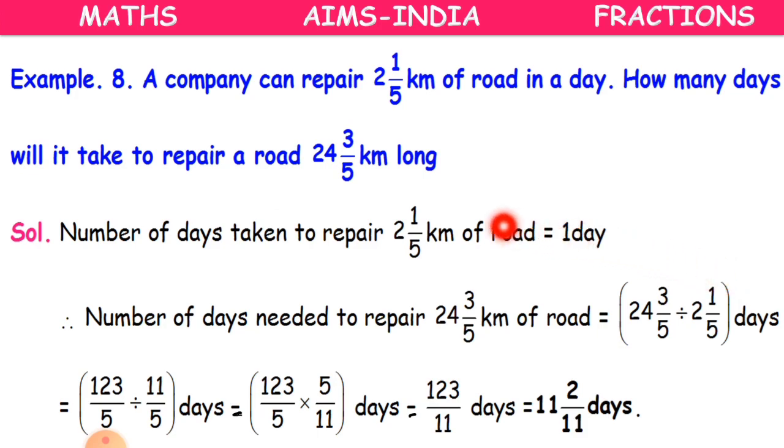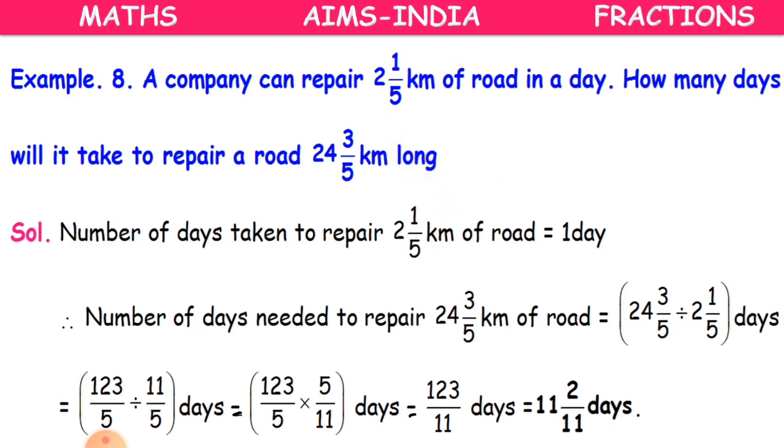Moving on, we have a word problem here. A company can repair 2 1 by 5 kilometers of road in a day. How many days will it take to repair a 24 3 by 5 kilometers long road? In a single day, 2 1 by 5 kilometers of work can be done.